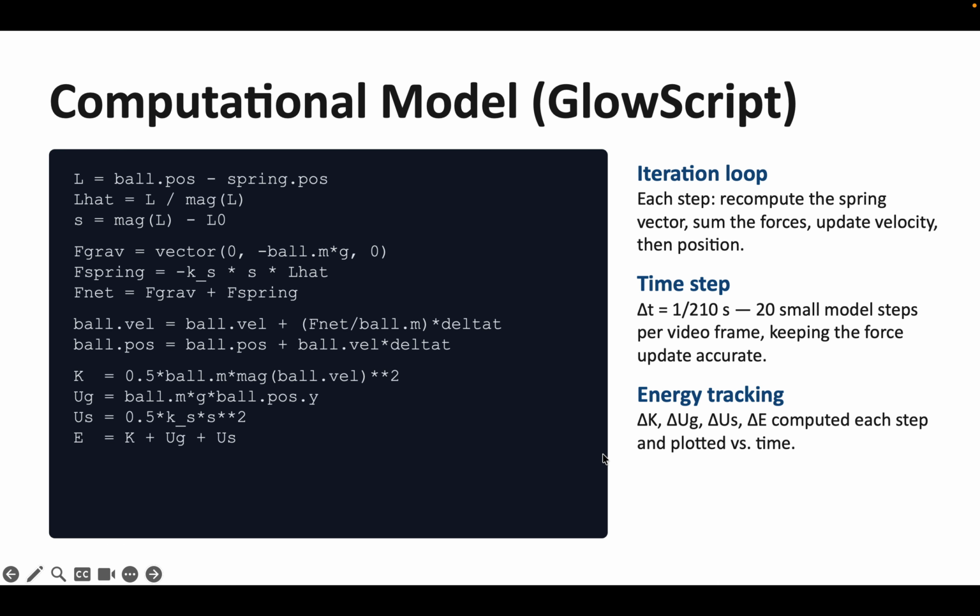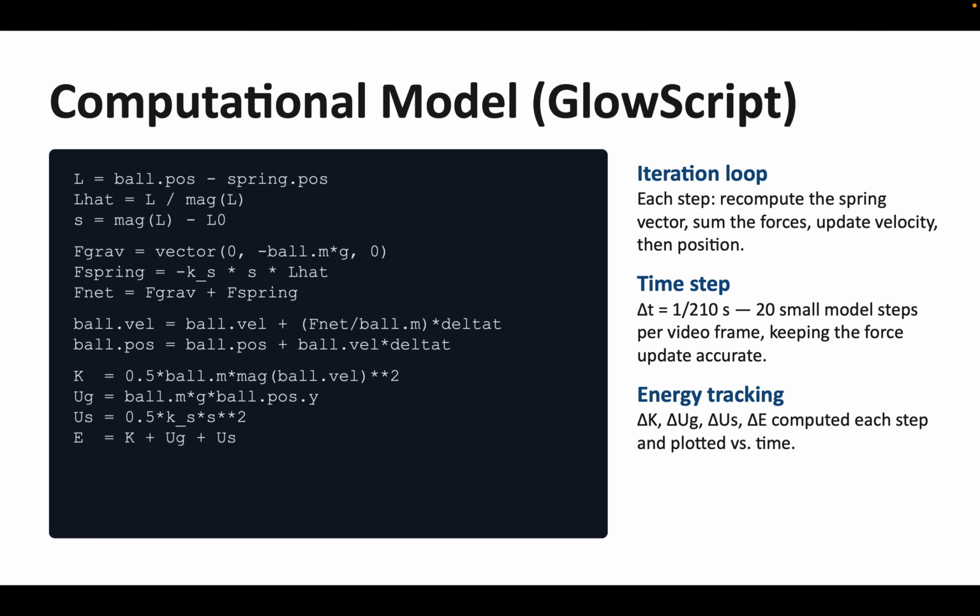So here are the most important parts of my computational model. Every iteration, the code recomputes the spring vector L from the current position, gets the stretch by subtracting the relaxed length, and calculates the two forces: gravity and the spring force along L hat.